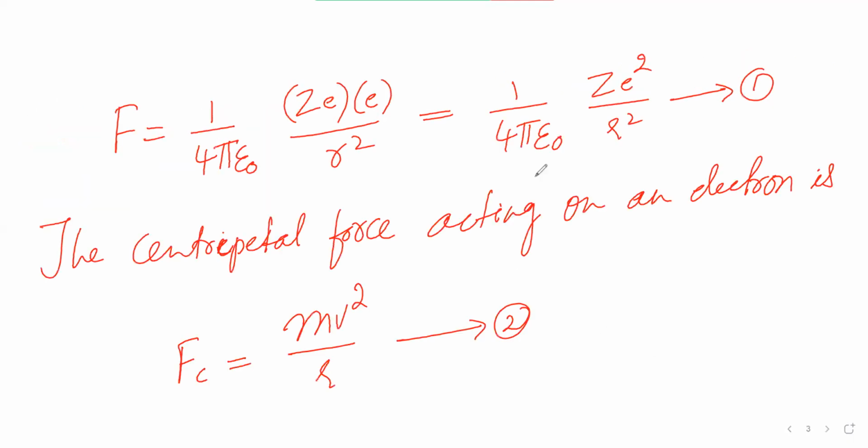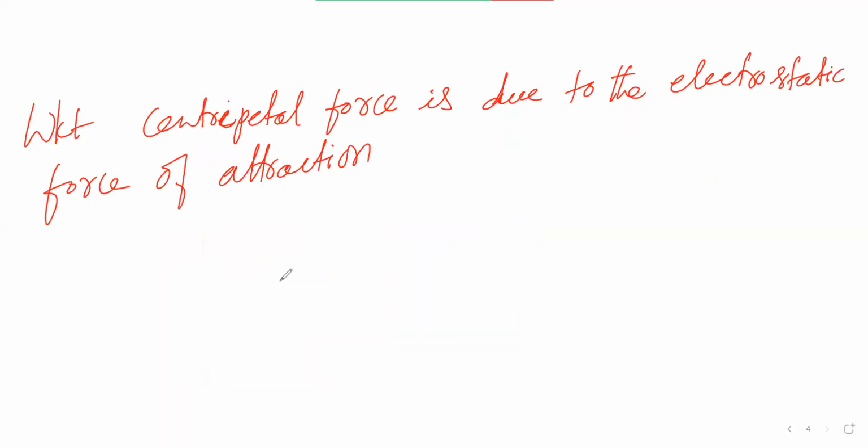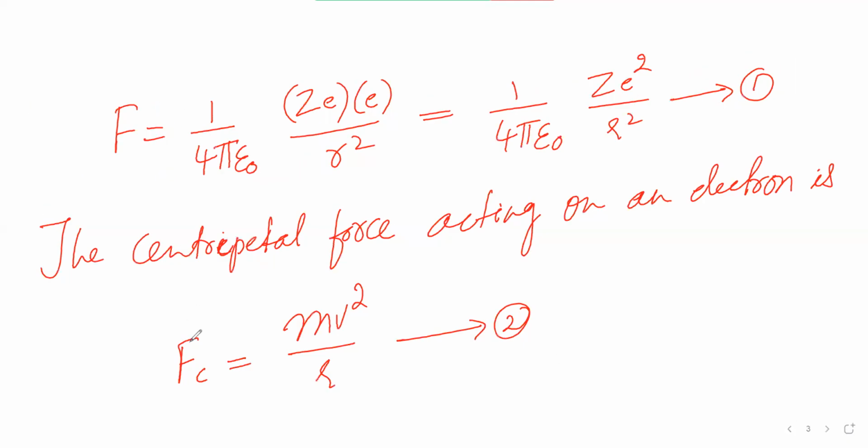Then we can say that equation 1 and equation 2 are the same. This force is due to the above force. So I can write equation 1 equal to equation number 2. Where LHS are the same, then RHS will be the same.